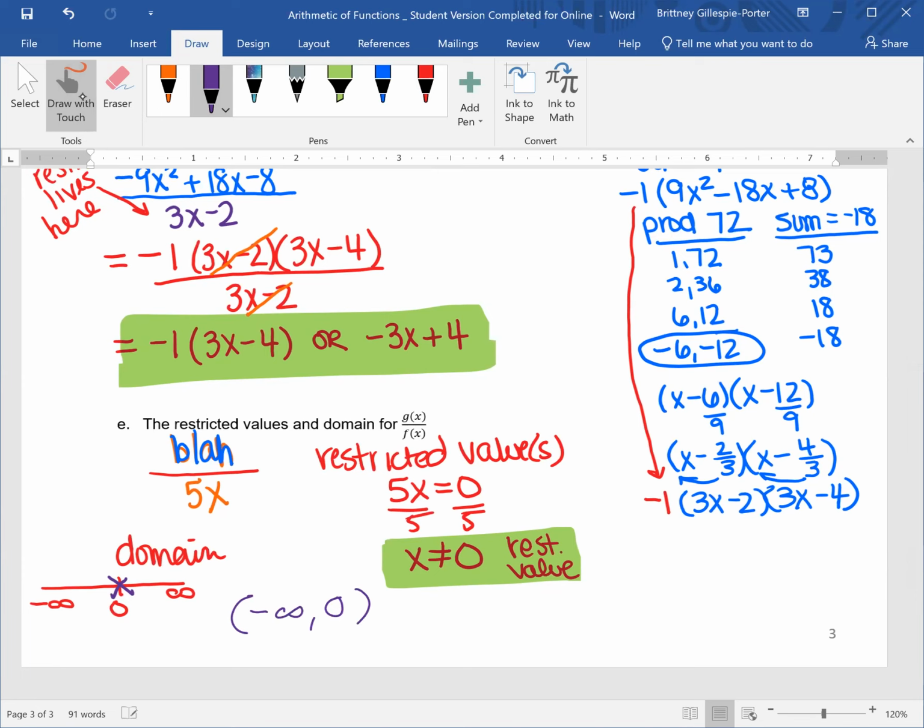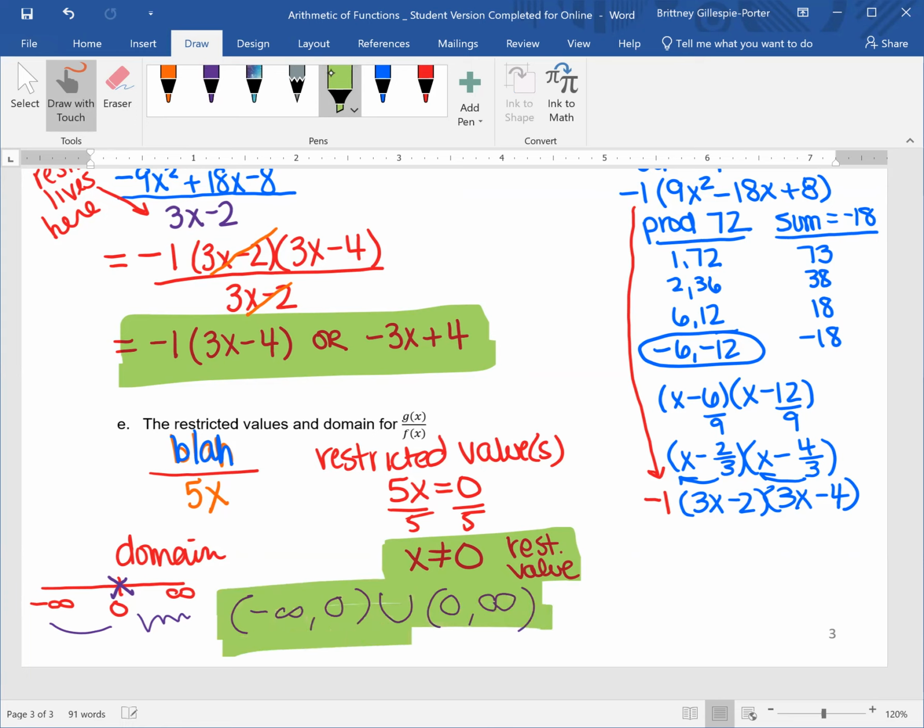Parenthesis around both of them. And we're going to union that with 0 to infinity. First part, and then our second part. And we are all set. We found the domain and the restricted values.